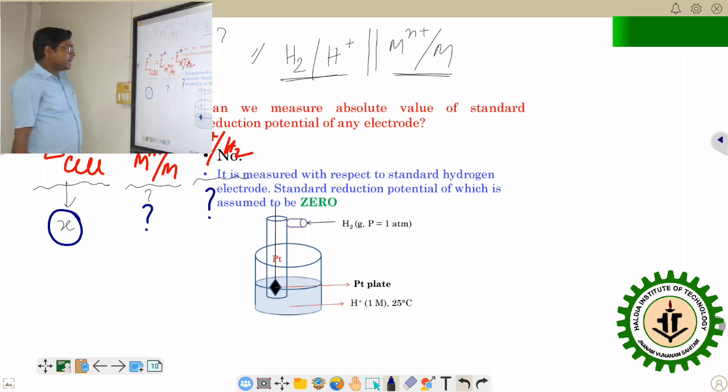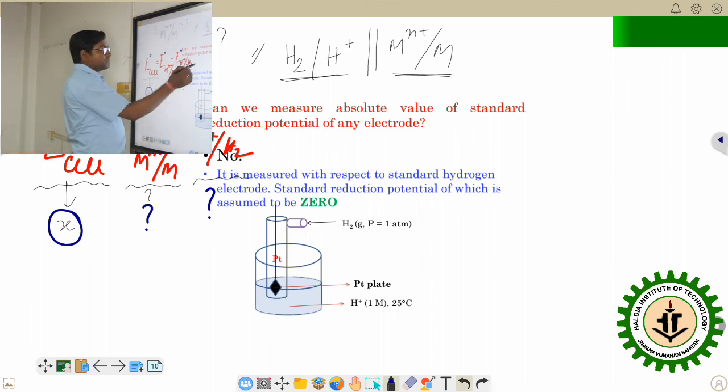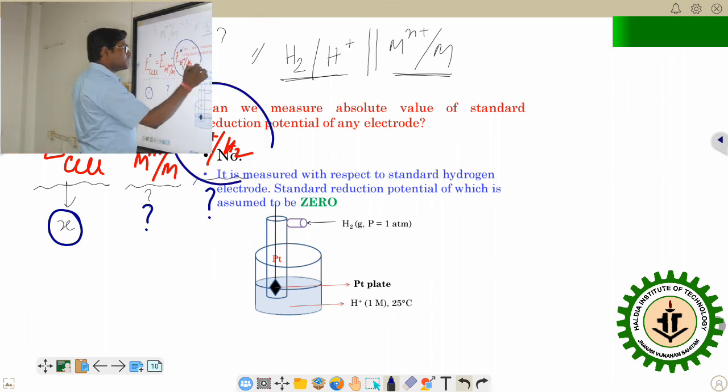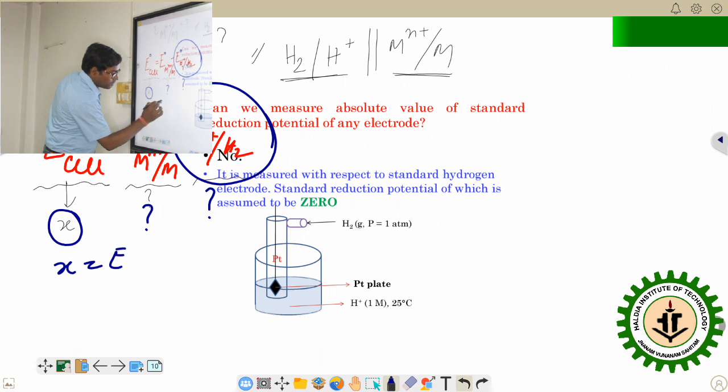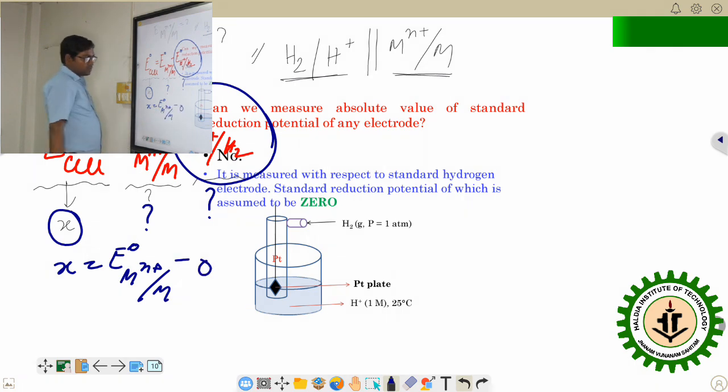And what is the simple manner to detect it? We use a reference hydrogen electrode, the potential of which is taken as 0. So thus we can say that X equals E naught of M^n+/M minus 0. To make our calculation simple, we use the value 0.